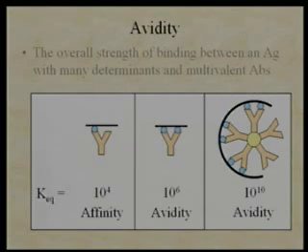But that's not a measure of the affinity. That's the measure of the avidity. It's the overall strength of binding because of valence. Each individual reaction has an affinity of 10 to the 4. The overall strength of the binding is much, much higher. And that's the avidity. So anytime you have valence in the picture, when you measure the strength of the binding, you're really measuring avidity.